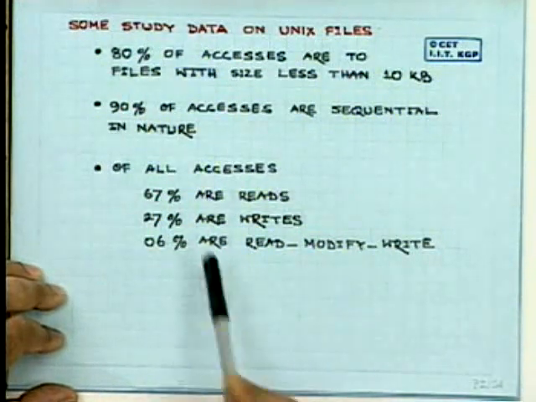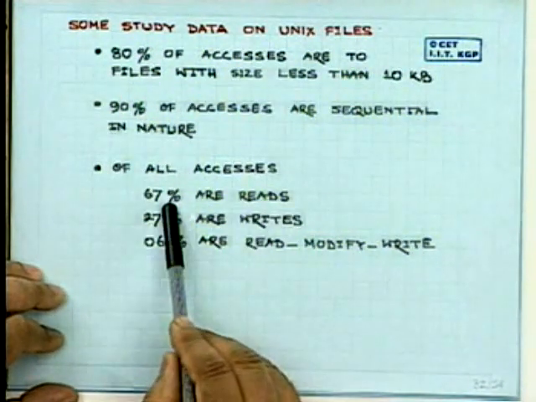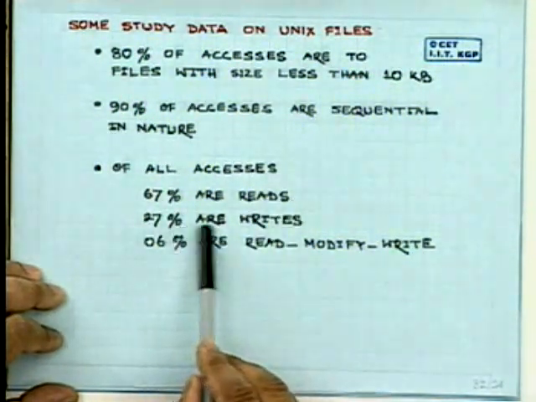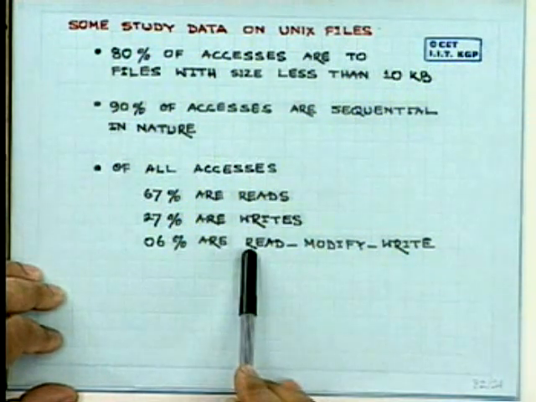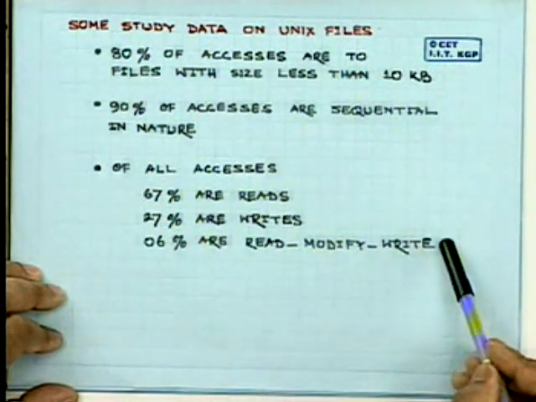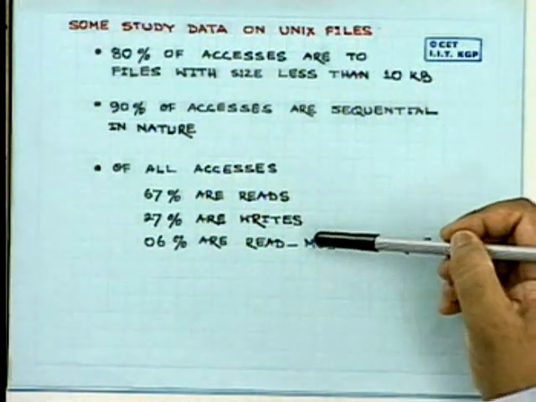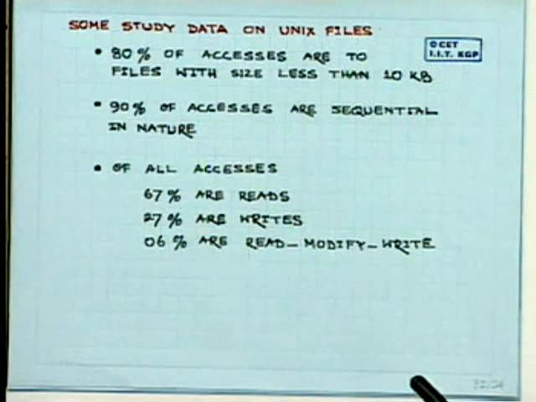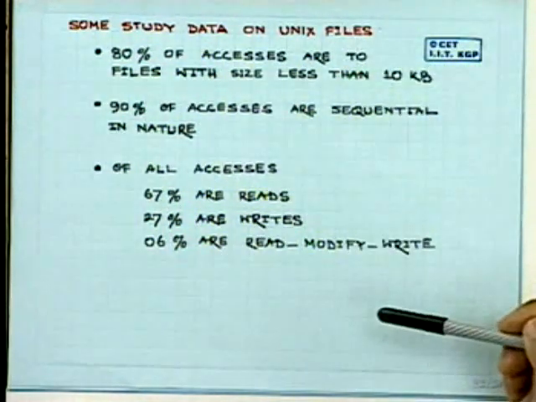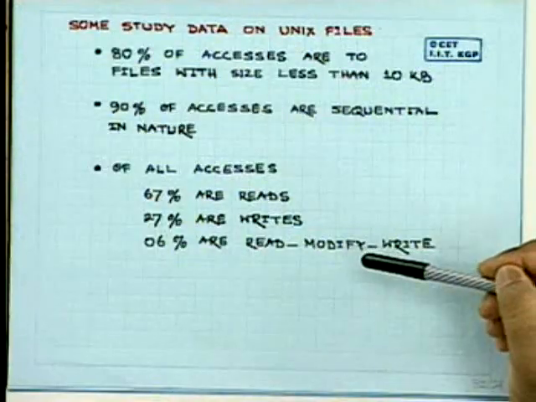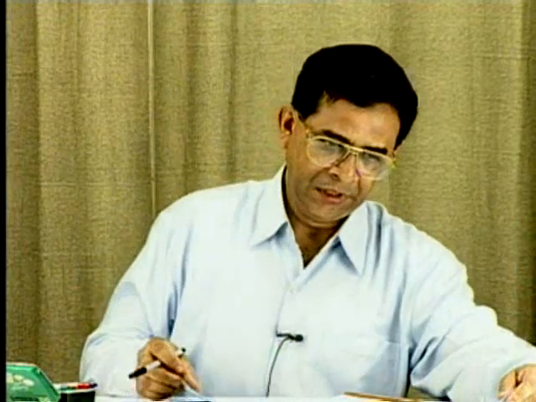And of all the accesses, 67% are reads, 27% are writes, and 6% are read, modify, write cases. Now that can be useful while one designs a physical file system and the mapping that one implements.